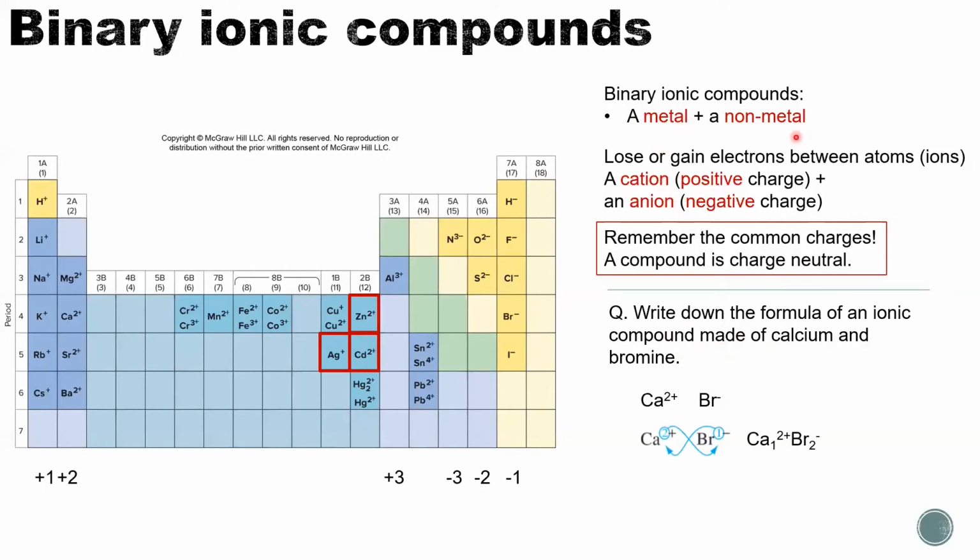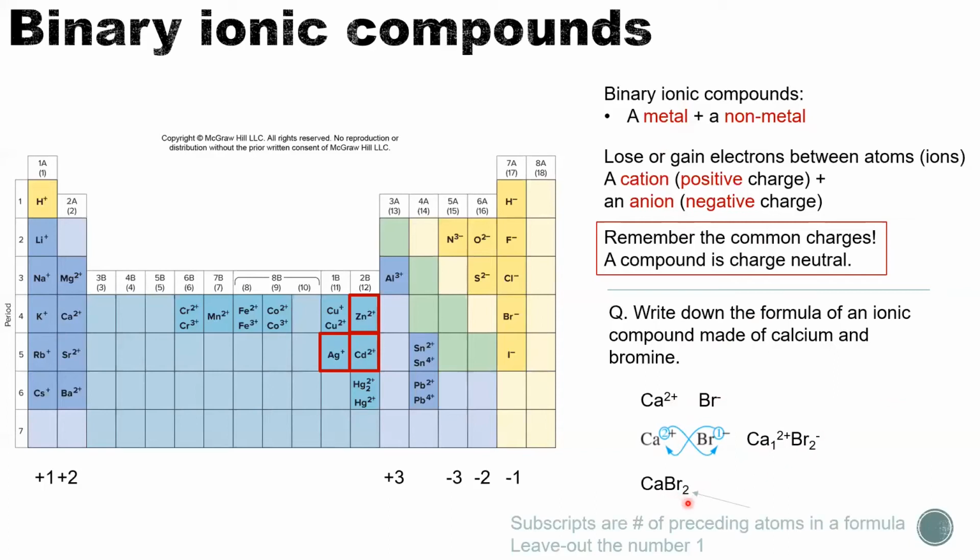Metal first, non-metal later. We can exchange their charge to their subscript. So what we have now is calcium 1, 2+, bromine 2-. Then we erase all the charges and the 1 in the subscript. So finally we have CaBr2.